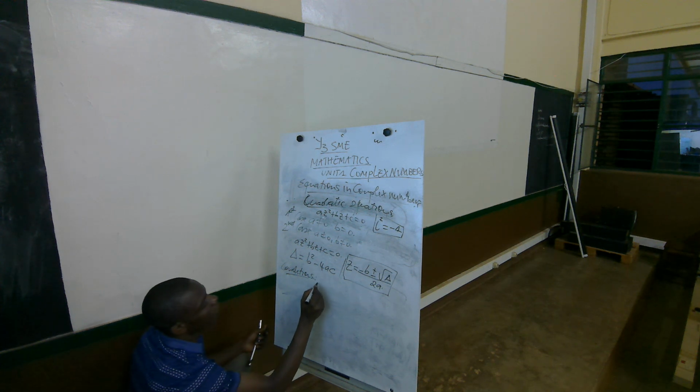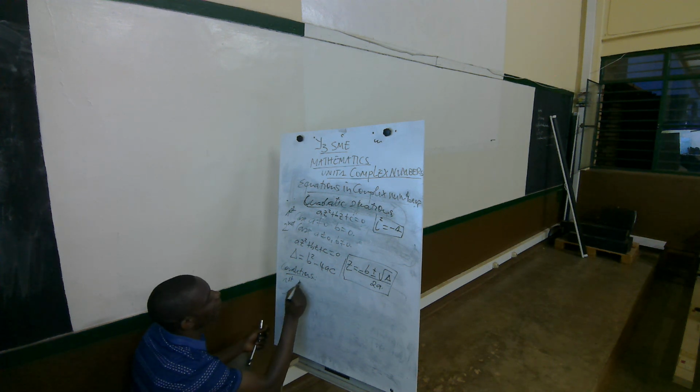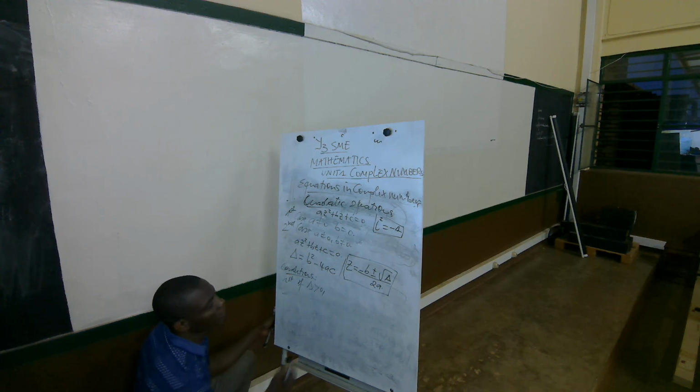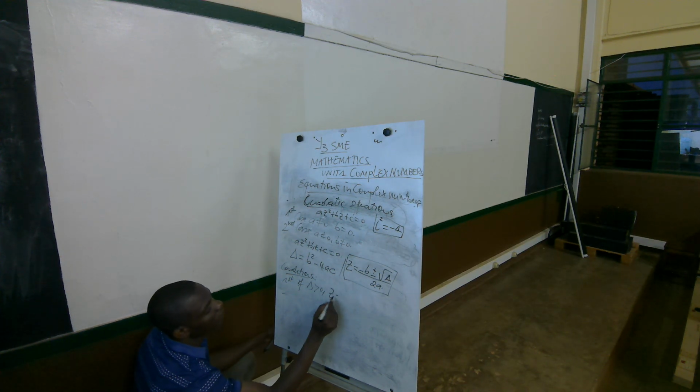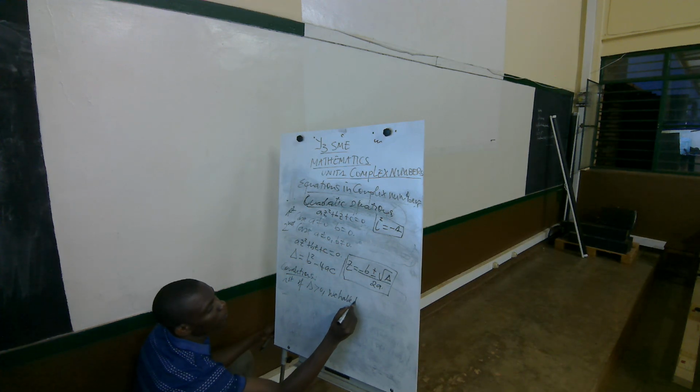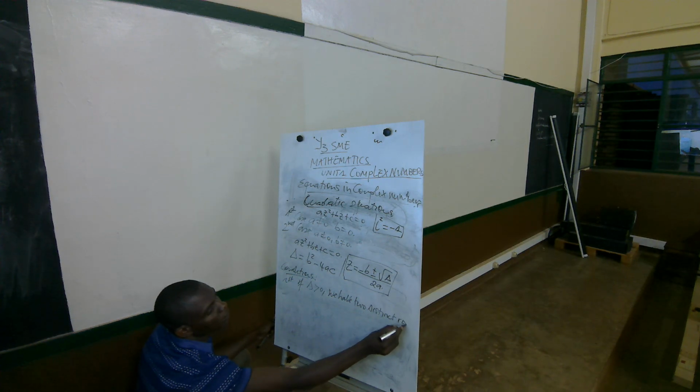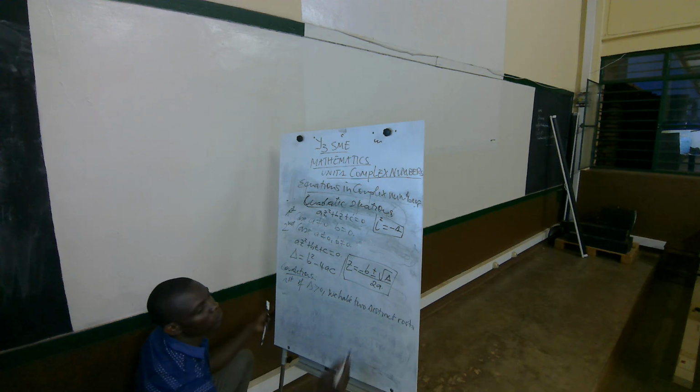Now, first one, if the determinant is greater than 0, it means it's positive. So we are going to have two distinct roots, or two real roots.